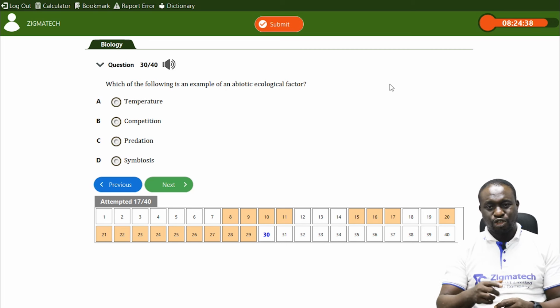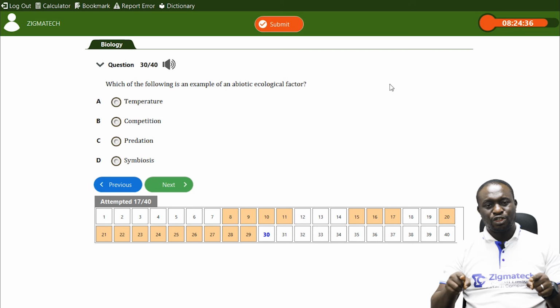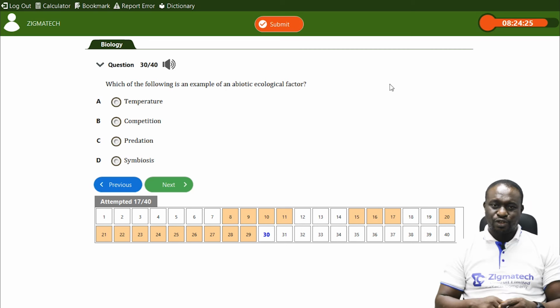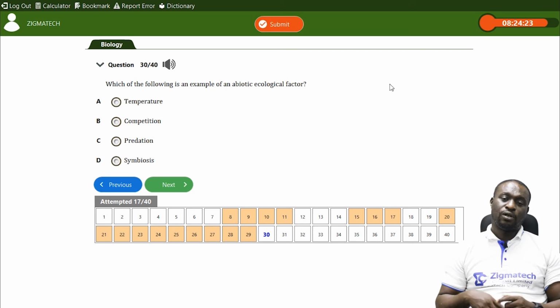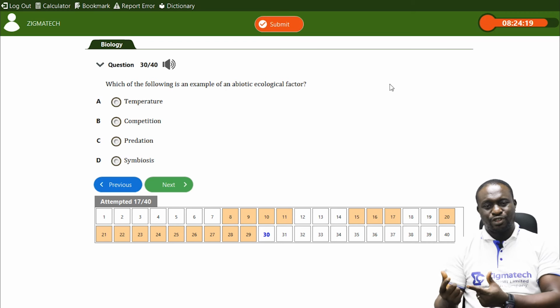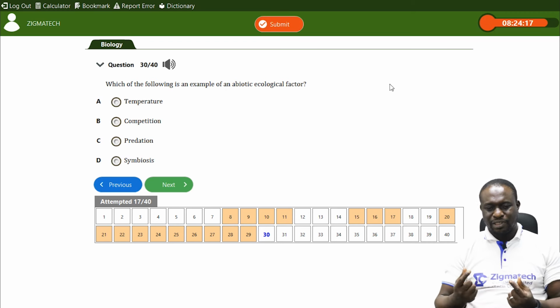Option C says predation. Predation is a type of biological association in which one organism kills another for food. The one that kills is called a predator. The one that is killed is called a prey. So it has to do with living organisms, so it's biotic. Option D says symbiosis.